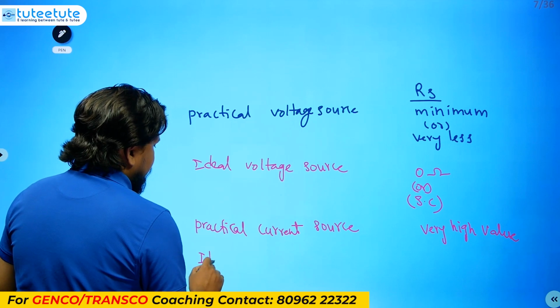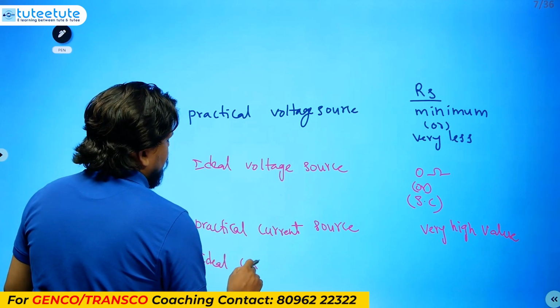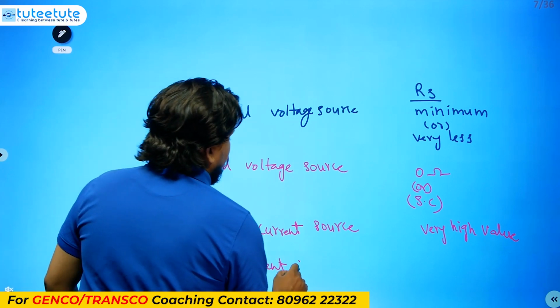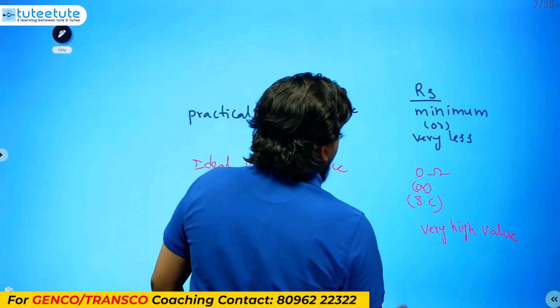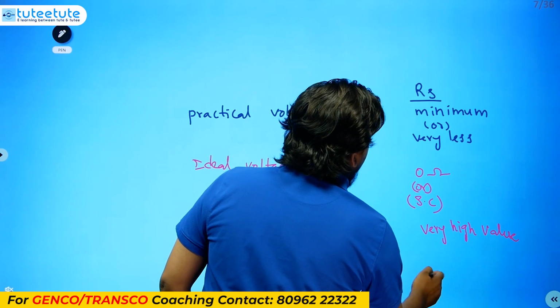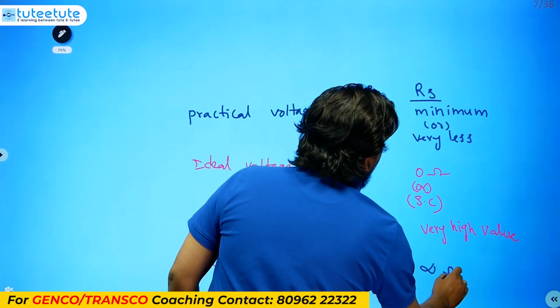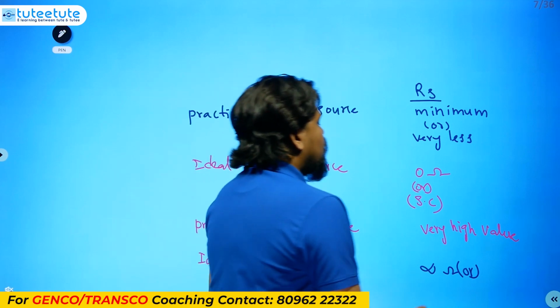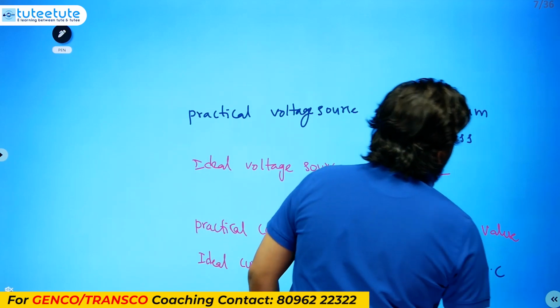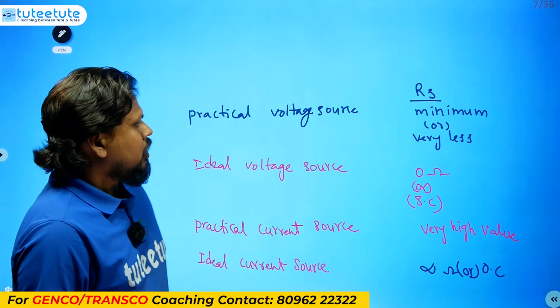For an ideal current source, the Rs value will be infinity ohms. Instead of infinity ohms we can use open circuit. Infinity ohms means open circuit.